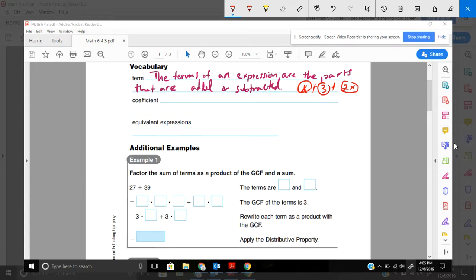So this expression has three terms. The first term is x, the second term is 3, and the last term is 2x. The way you can find them is they're being added or subtracted. So if you split your expression at the addition sign or the subtraction sign, you can see your different parts, or your different terms.